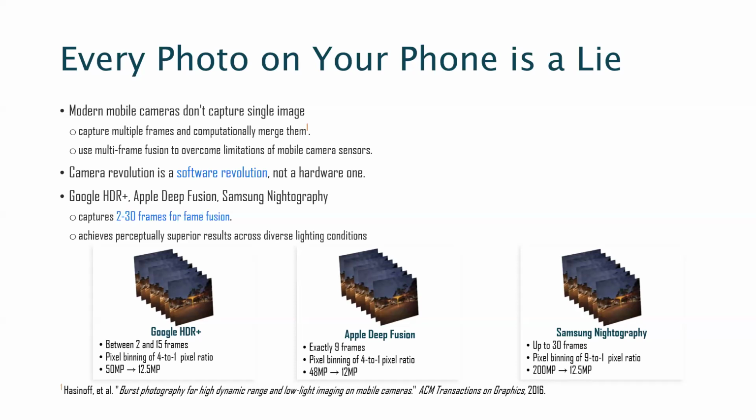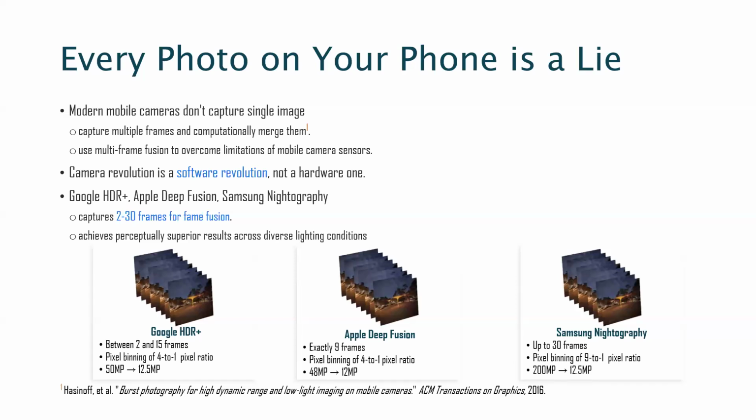It depends on how dark the environment is: the lower the light, the more frames it will capture. The pixel binning ratio is from 4 to 9.